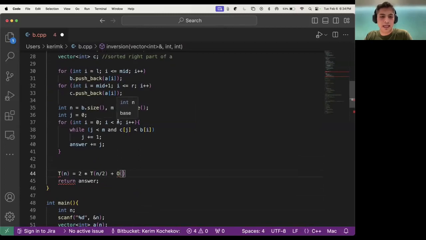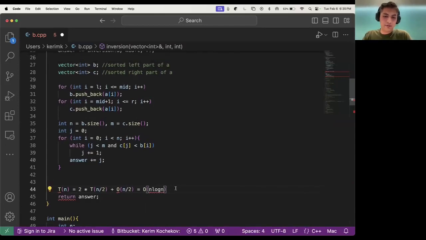Both of them have n divided by 2 here. I believe you might remember this part from merge sort or other recursive divide and conquer problems that we have solved already. And this will just end up with O of n log n.